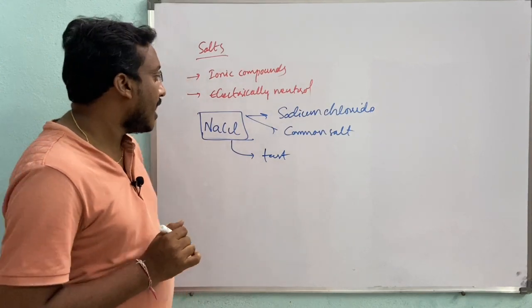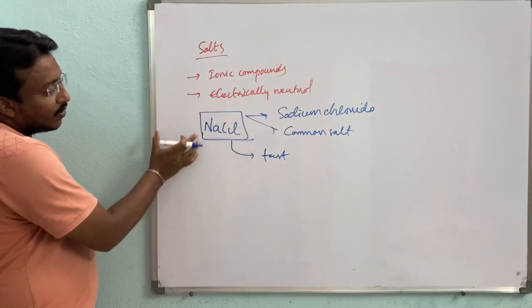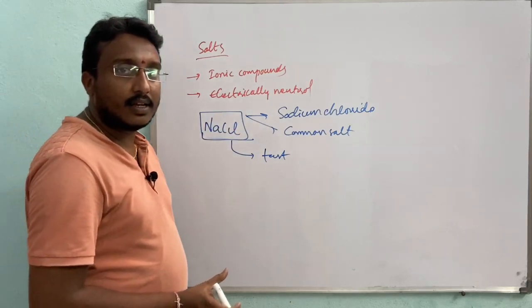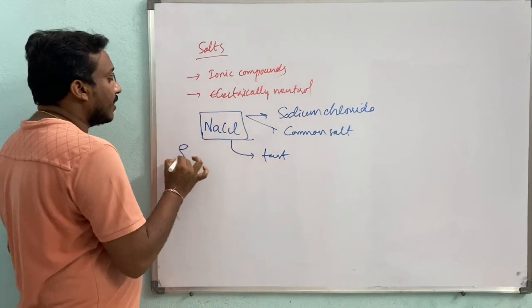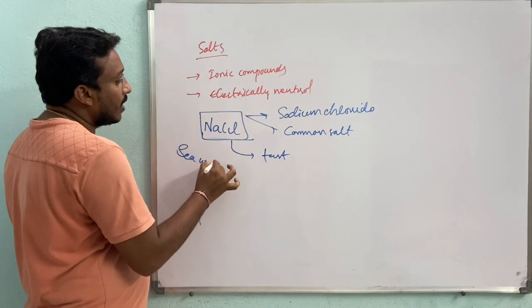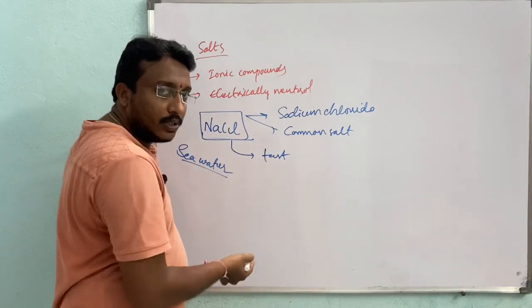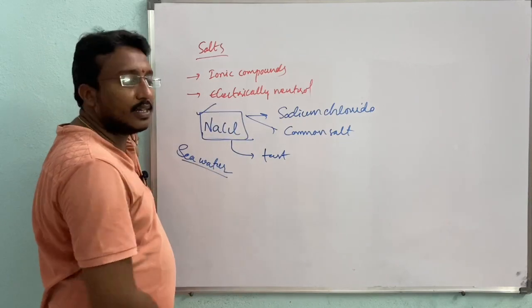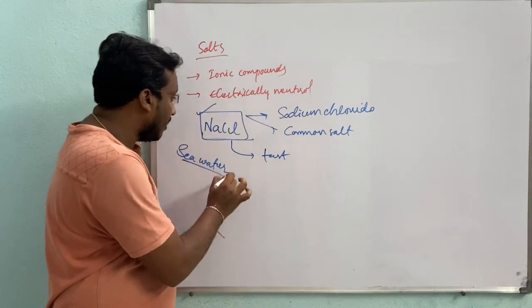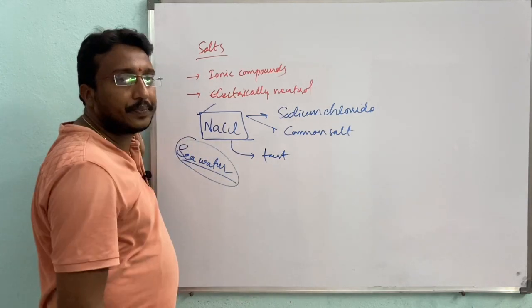Got it? And sodium chloride is available in seawater. Seawater contains some other salts also. Out of that we can collect the sodium chloride from the sea.